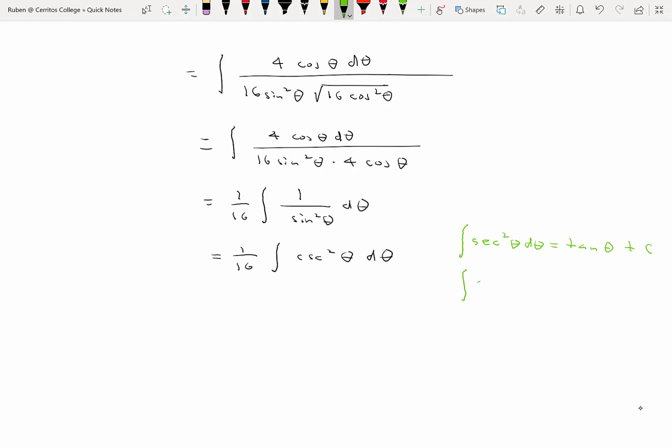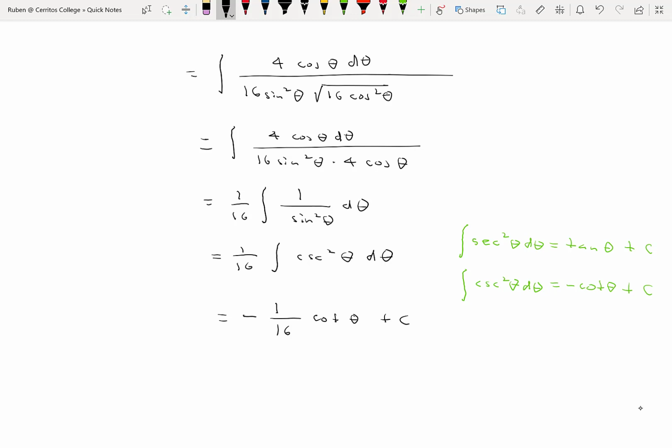So the similar form would be cosecant squared. The integral of cosecant squared then would be minus cotangent of theta plus a constant. Okay, so we're going to use that. That's from Calc 1 again. So we're going to get negative 1/16 cotangent of theta plus a constant.